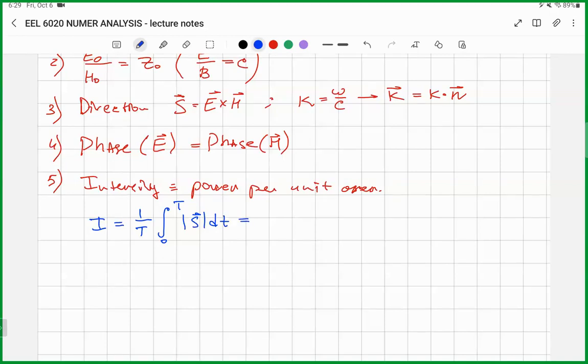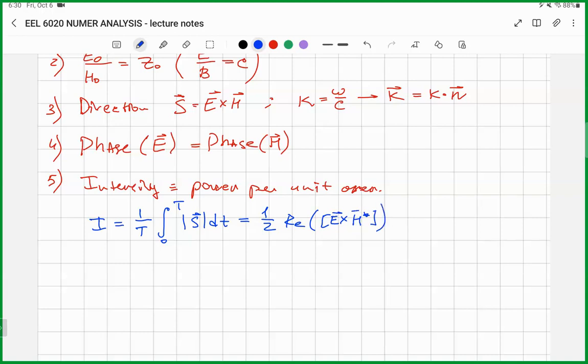And today, in the beginning of this lecture, we derived this formula for the mean value of any quantity that is the product of two functions of time. So it's going to be 1/2 real part of, in this case, the E field cross magnetic field conjugated.